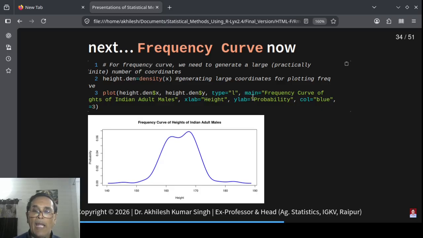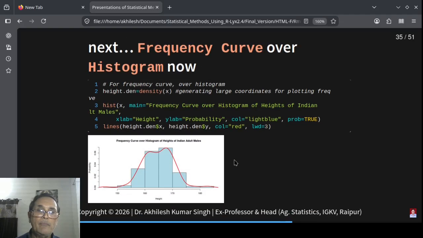And this is a frequency curve of heights of Indian adult males, x is height, and this is probability. Remember, in the frequency curve, although it is called a frequency curve, the y-axis is always probability, because this comes from the concept of infinite number of values within the class intervals. So this is how we plot the frequency curve.